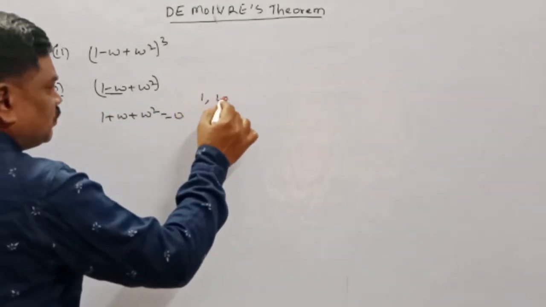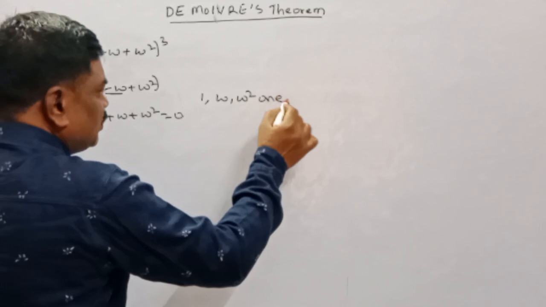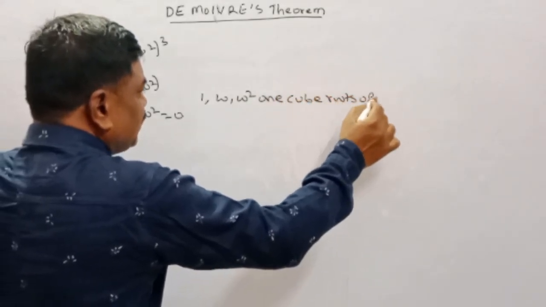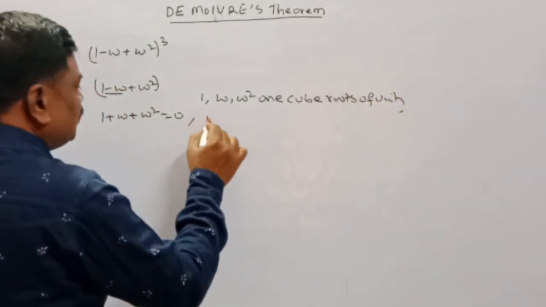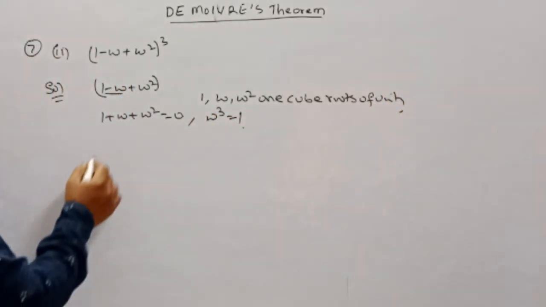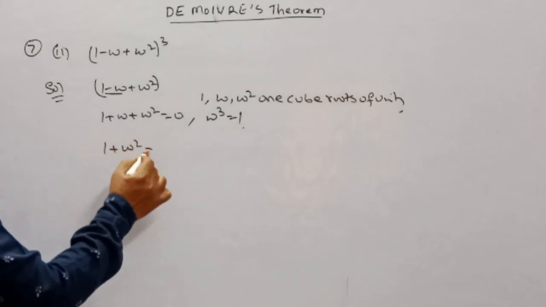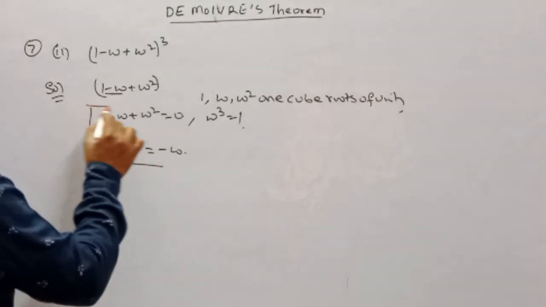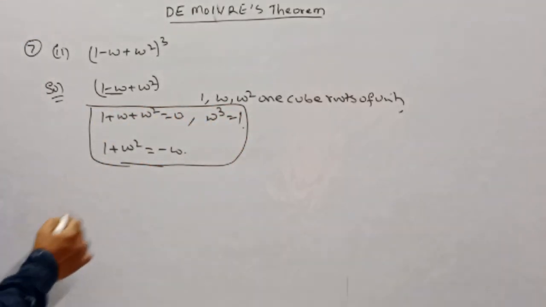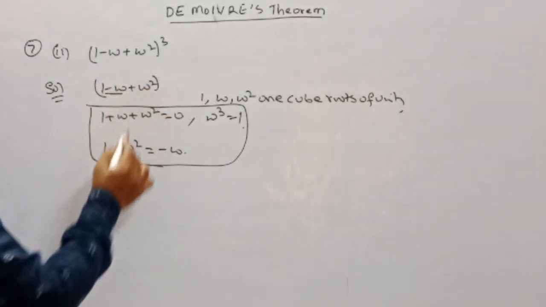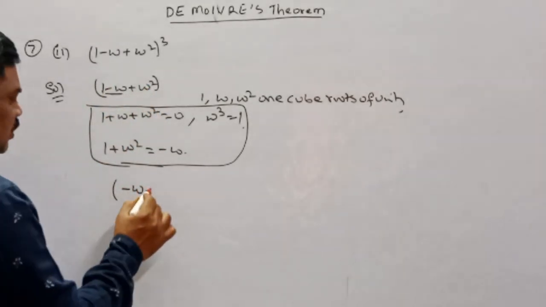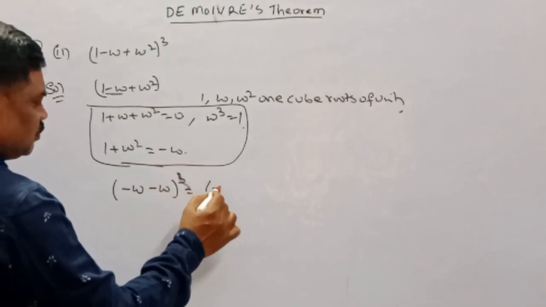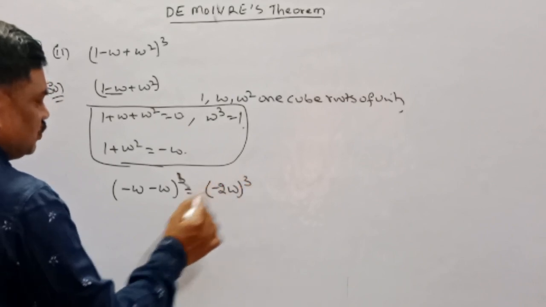Because 1, omega, omega square are cube roots of unity, and omega cube is equal to 1. So 1 plus omega square is equal to minus omega. So (1 plus omega square minus omega) whole cube is equal to (minus 2 omega) whole cube.